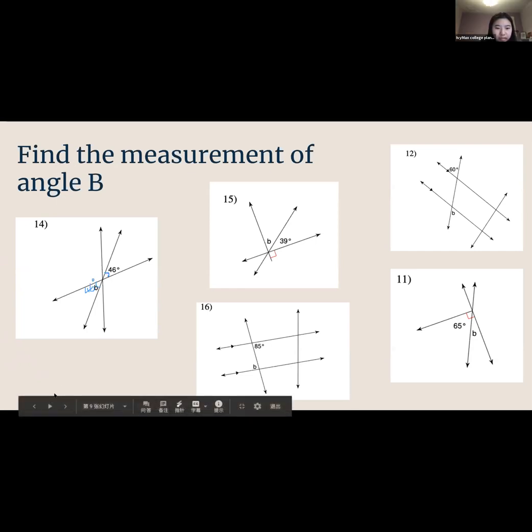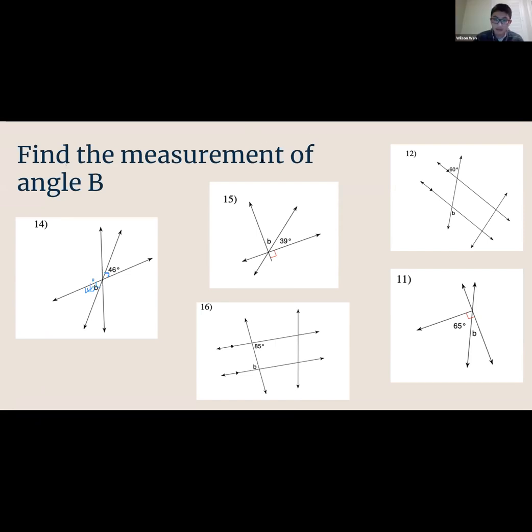Cool. And then 16, let's see. 16 for Wilson. Okay, so similar idea. Since the two lines are parallel and it does satisfy one of our special relationships that we talked about earlier, in this case we could get that angle B is equivalent to the angle that's marked as 85 degrees.